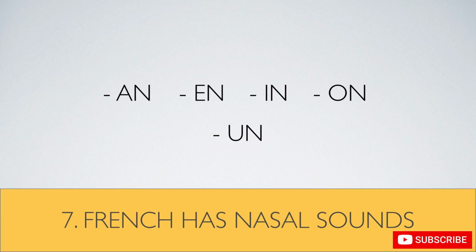But just remember that you're not actually pronouncing the N in most of these cases. It's like a very faint N sound. The reason they're called nasal is because you use both your nose and your mouth to produce the sounds. It's something that comes naturally, you don't have to really focus on it, but that's why they're called nasal sounds.